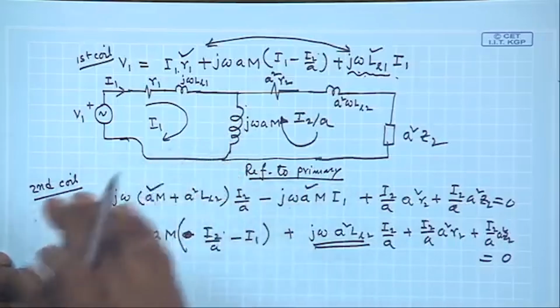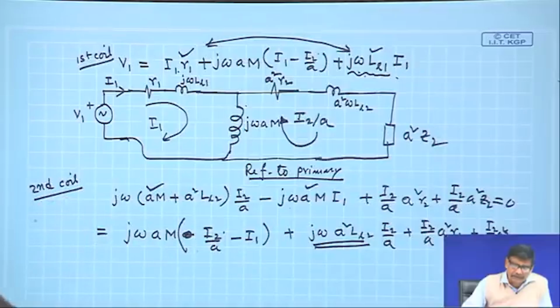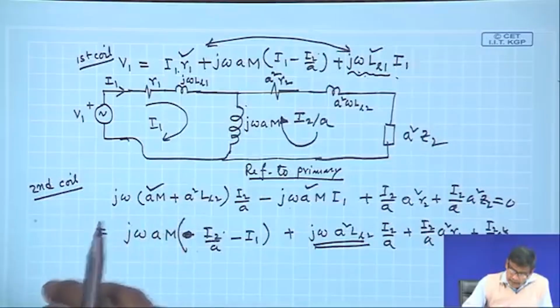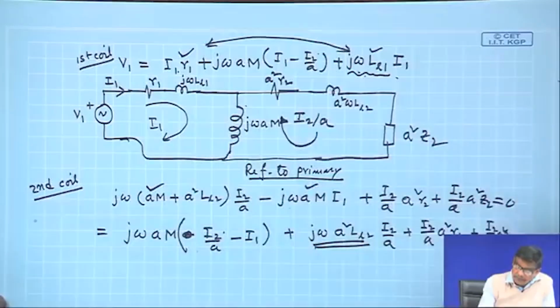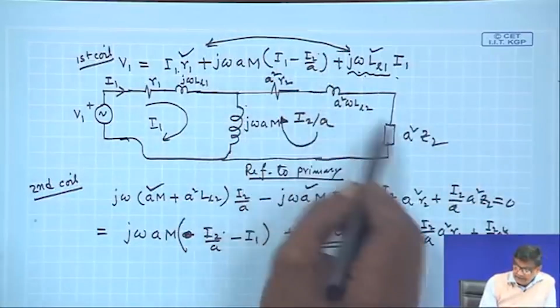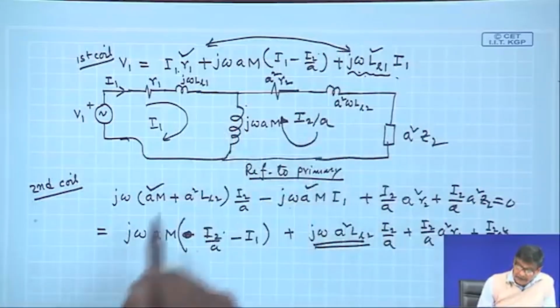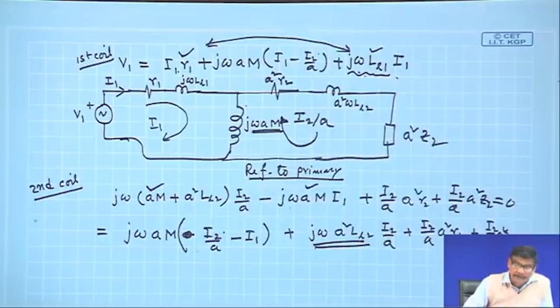This circuit was obtained by considering several physical things this way and that way. But I now get, if the turns ratio is there, the secondary impedances must be multiplied by a square. Generally, it also gives me a better physical insight.